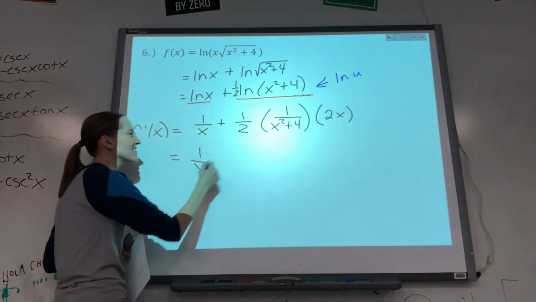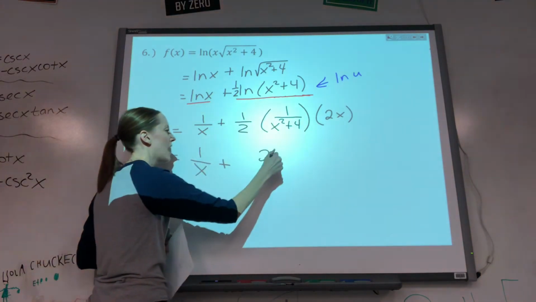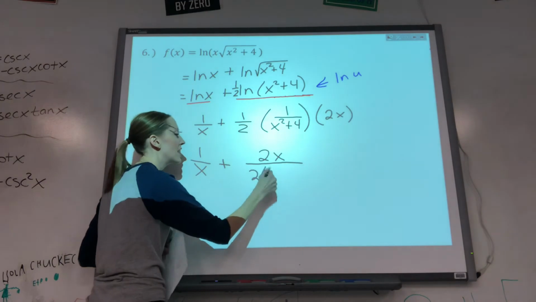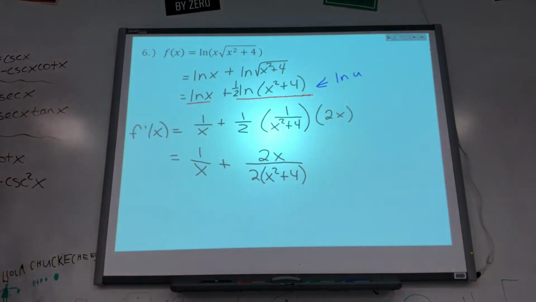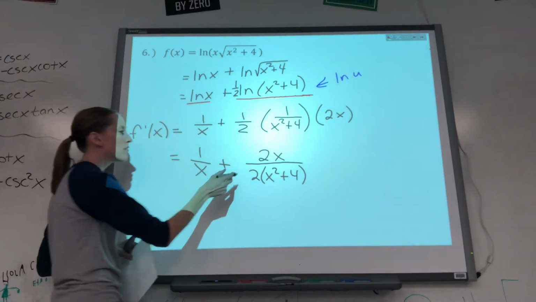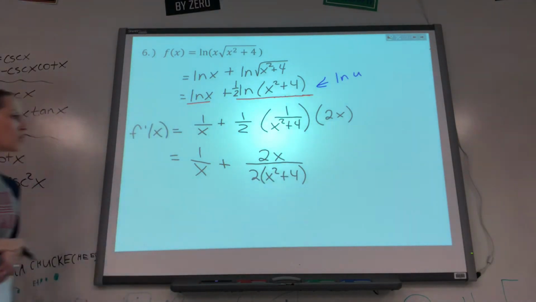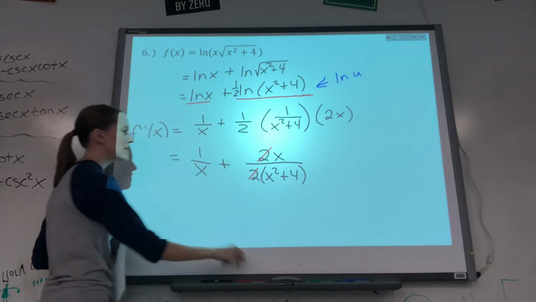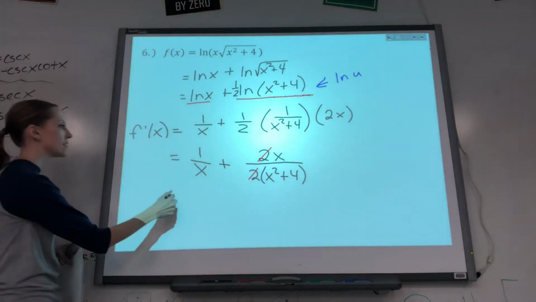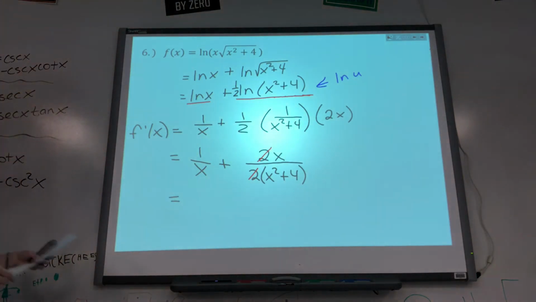Now, to make this look a little bit better, I'm going to write out a couple steps here. You can put the 2x on top, and on bottom you've got the 2 times the x squared plus 4. But I would go ahead and reduce that. You can sort of cross out a 2 on top and bottom.